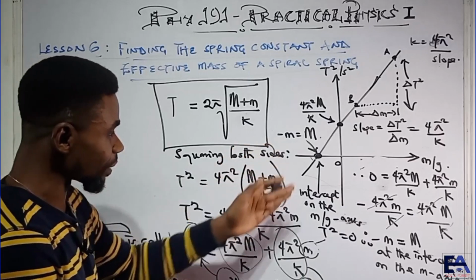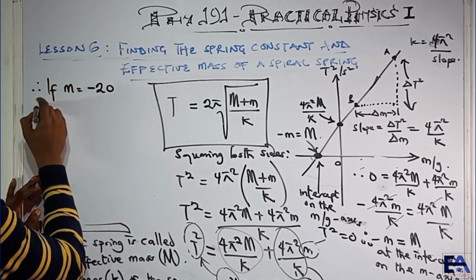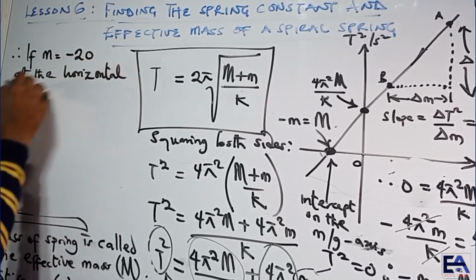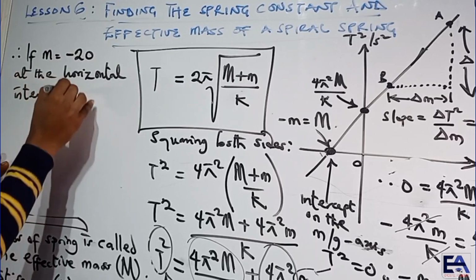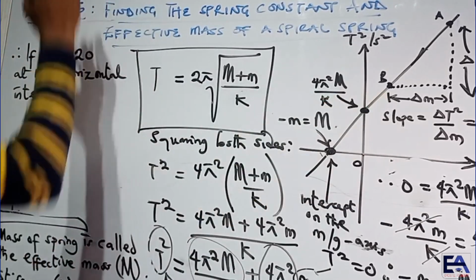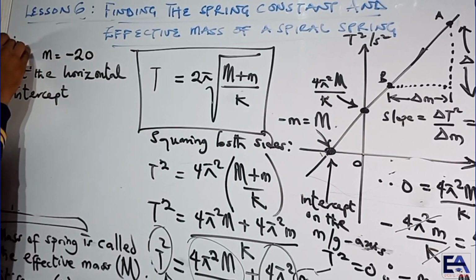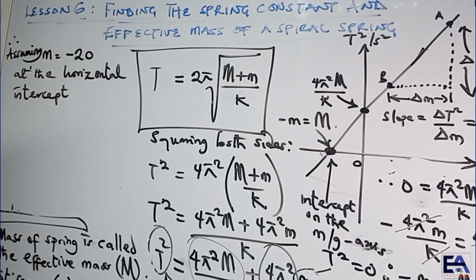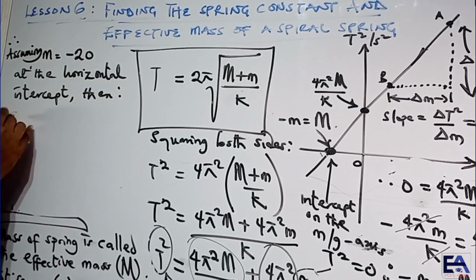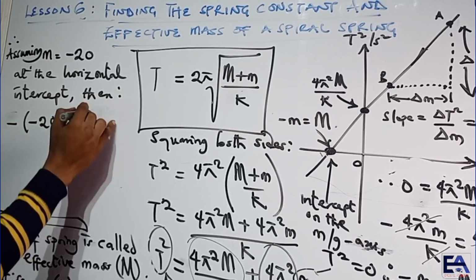So if M is equal to minus 20 at the horizontal intercept, that is the intercept on the horizontal axis, and this is the vertical intercept, the intercept on the vertical axis, then minus of minus 20 is equal to m, which is the effective mass of the spring.